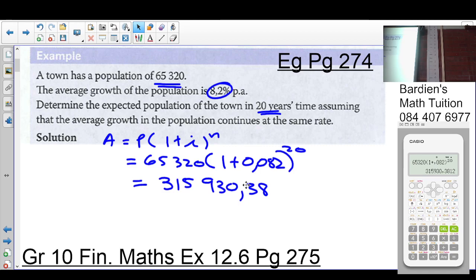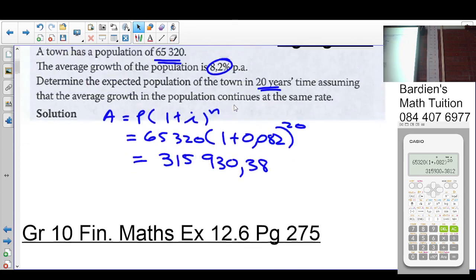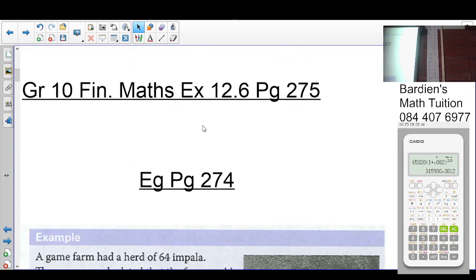Okay, the whole person. That is also just an expected value if the population growth is at 8.2%. Okay. You guys understand? Let's look at the next example.